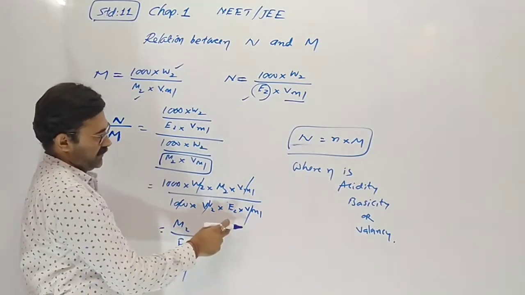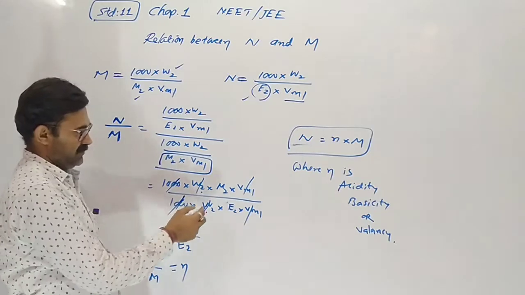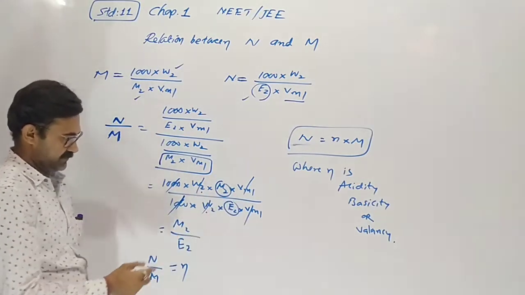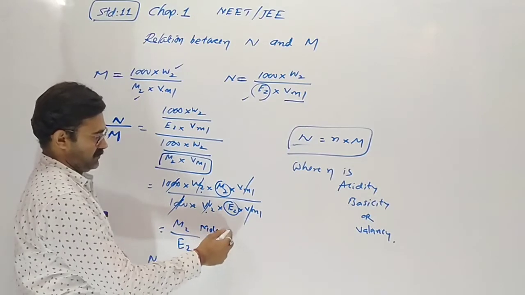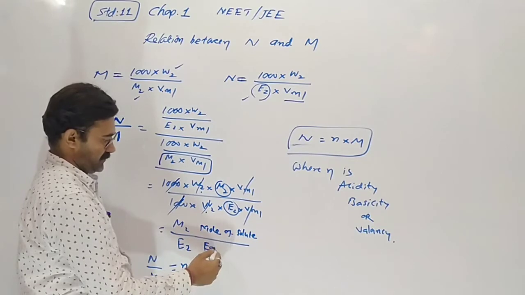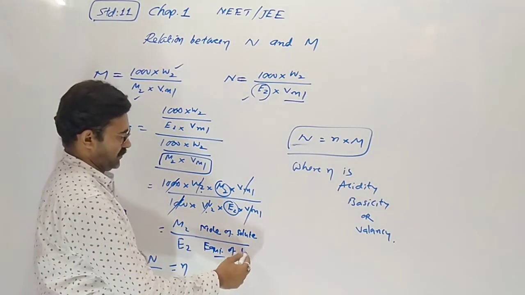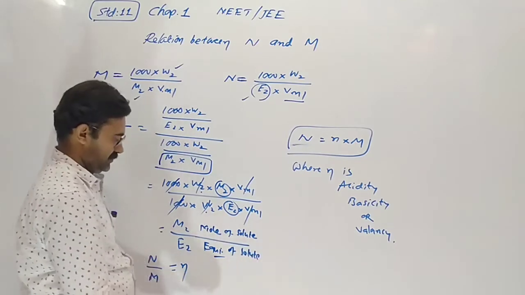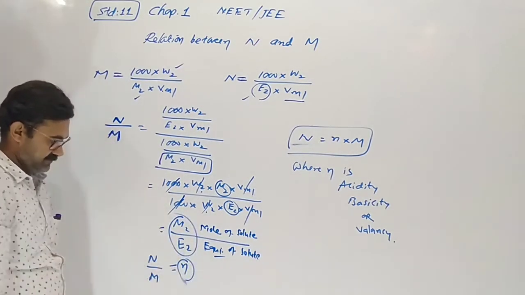Here E2 into V milli cancels, W2 cancels, 1000 cancels, so M2 upon E2. M2 is the molecular mass of solute, E2 is the equivalent mass of the solute. So M2 upon E2 gives n.